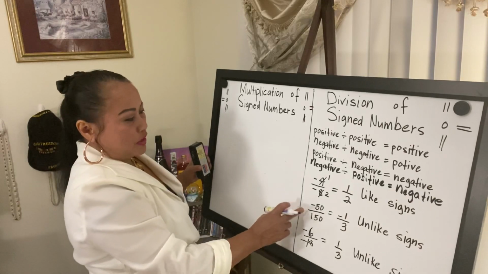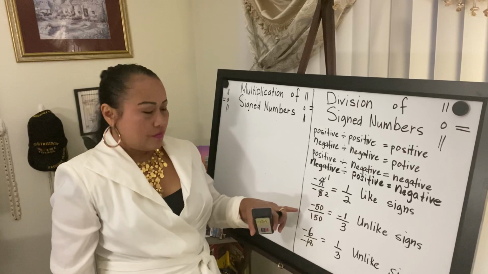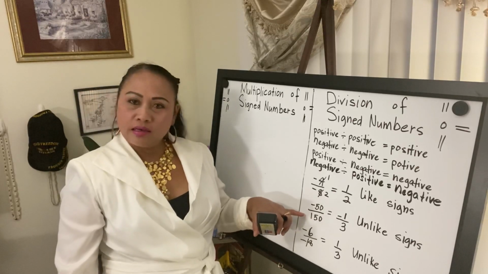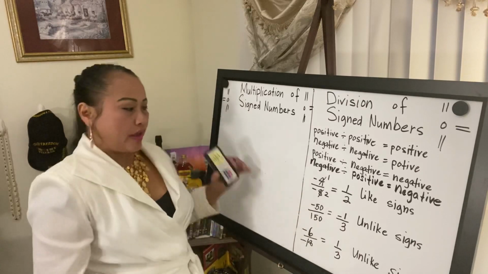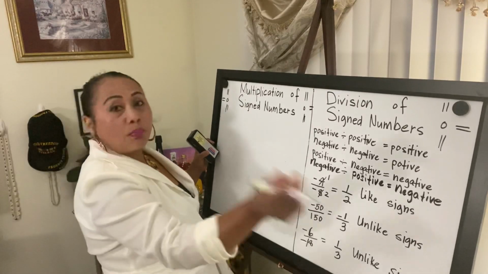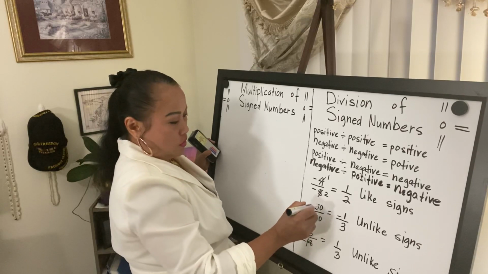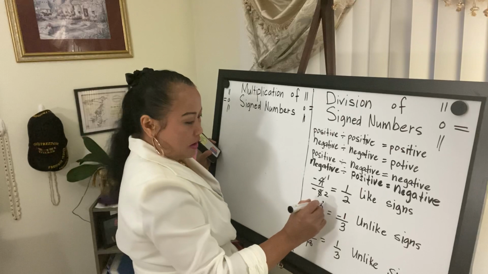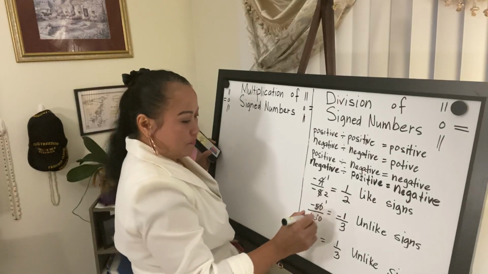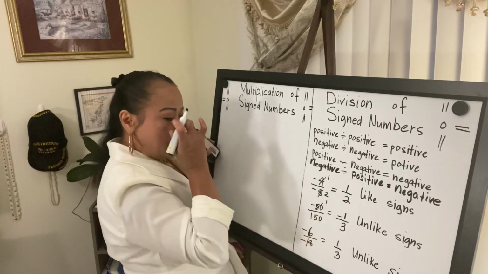Okay, example number 2. Negative 50 divided by positive 150. Okay. Always we simplify this. Divided by 50. So, how many 50s in 150?